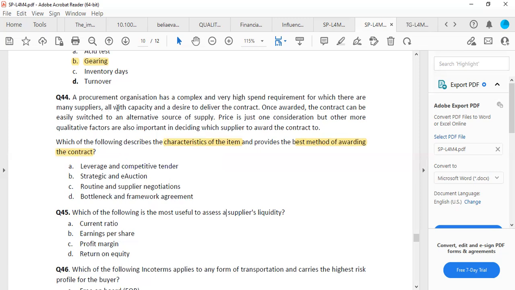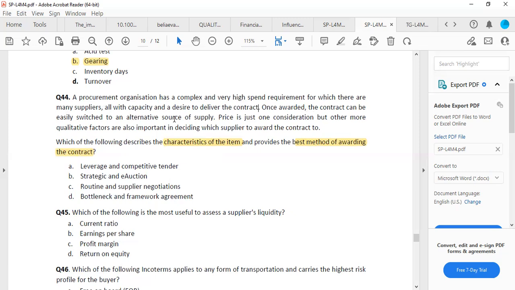But also the procurement organization has a complex and very high spend requirement for which there are many suppliers, all with capacity. And so here, this one even tells us that it's not strategic because for strategic items, there are not many suppliers.